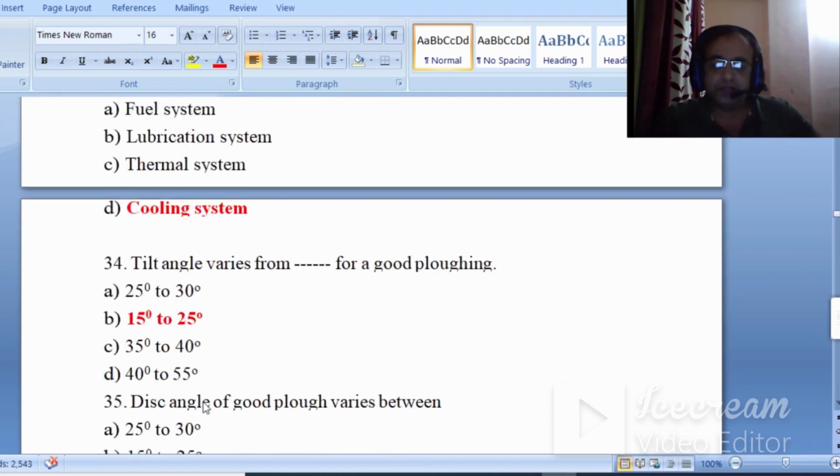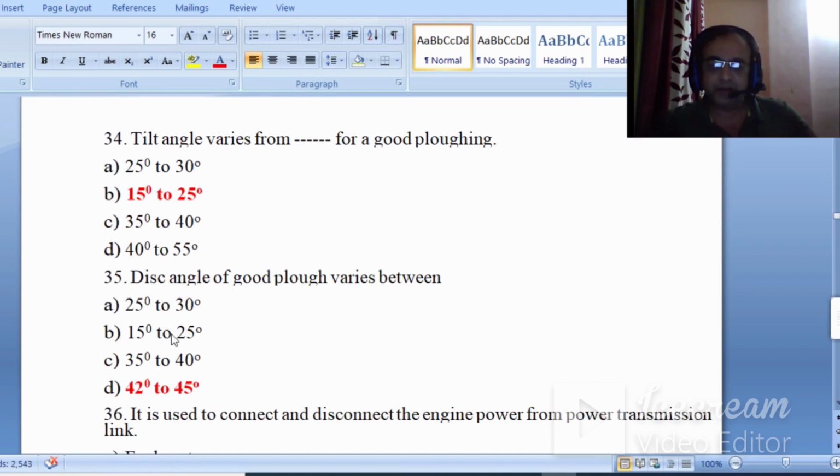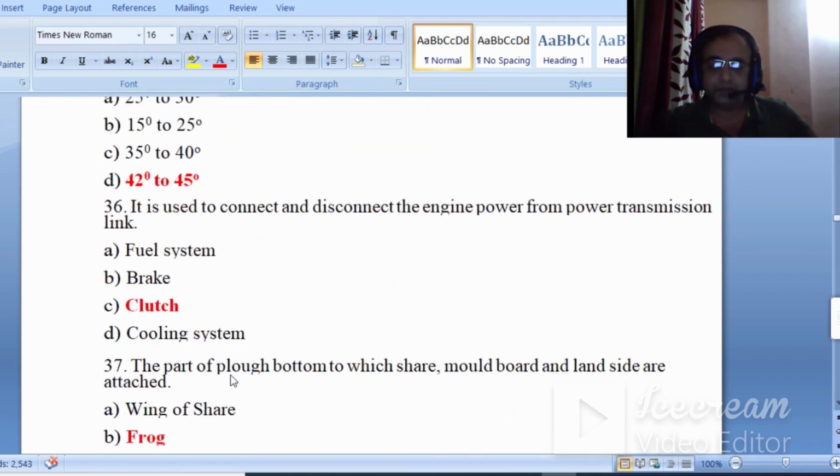Then the tilt angle and disc angle are related to the disc plow. For good plowing, the tilt angle is about 15 degrees to 25 degrees, and the disc angle should be 42 degrees to 45 degrees. Then, what is used to connect and disconnect the engine power from the engine to its power transmission link?